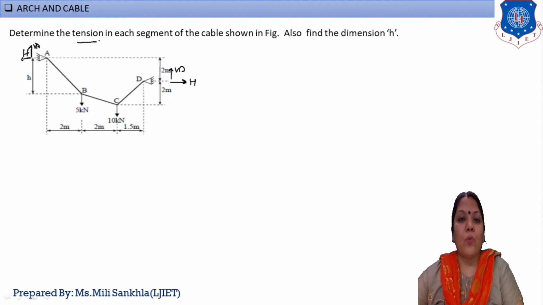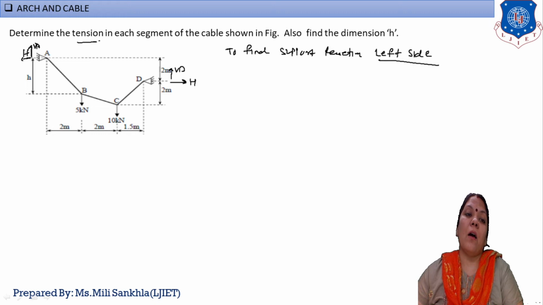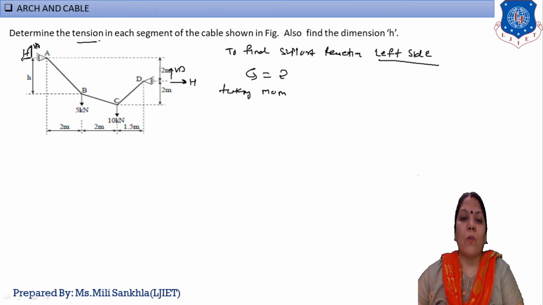Now to find support reactions, first we select the left side, because here we compare left and right since H is unknown. Now left and right side again compare this anti-clockwise and clockwise. Mention here taking moment about C.